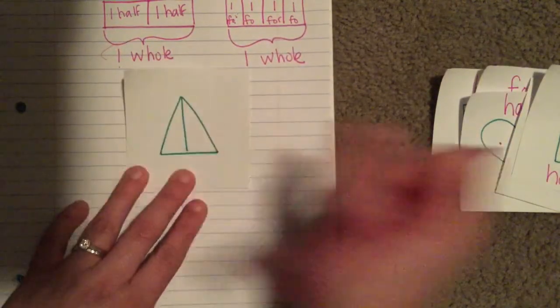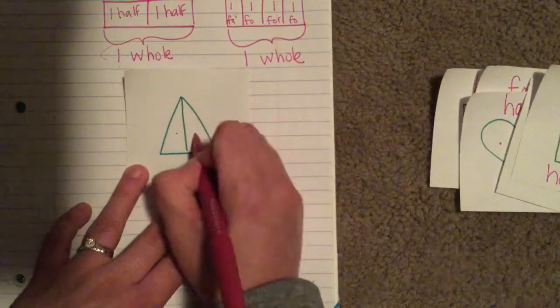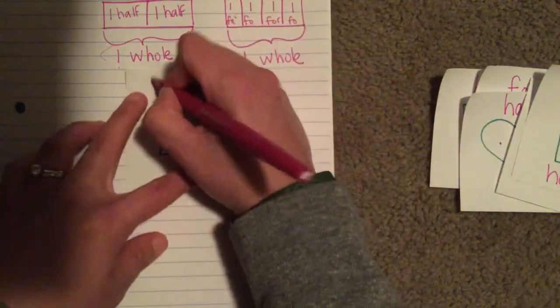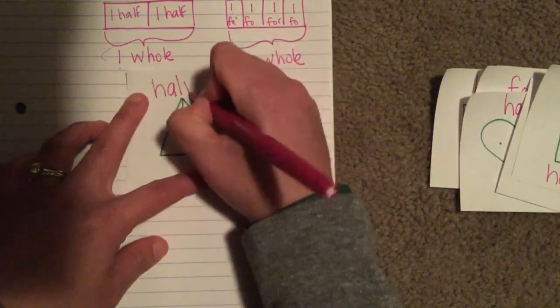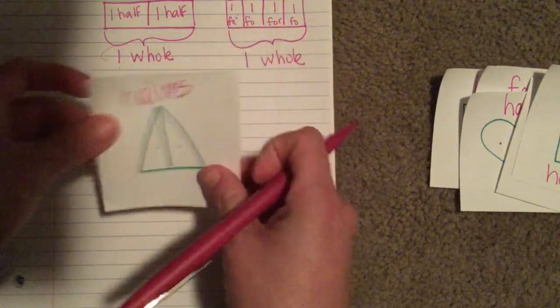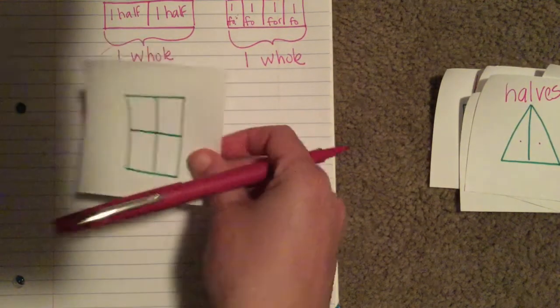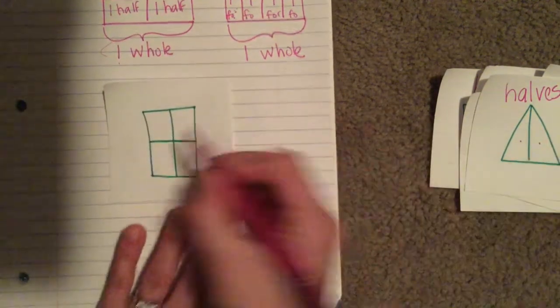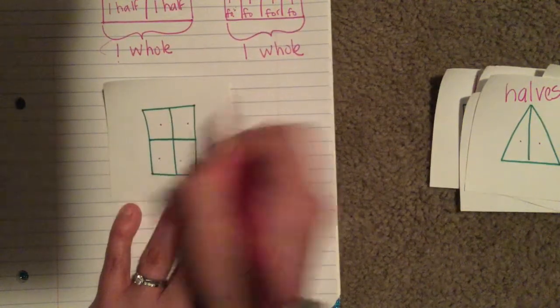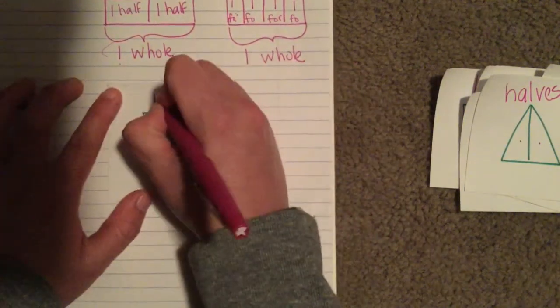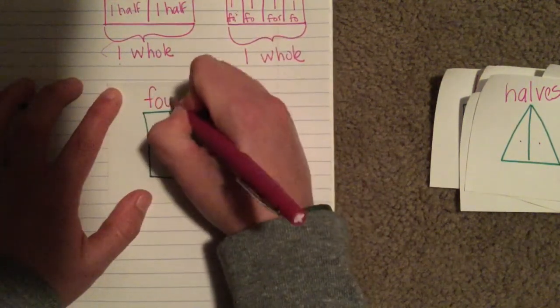Here is a triangle divided into 1, 2 parts, so this one is also halves. Here on this next one, we have a rectangle, and it's divided into 1, 2, 3, 4 parts. So it's divided into fourths.